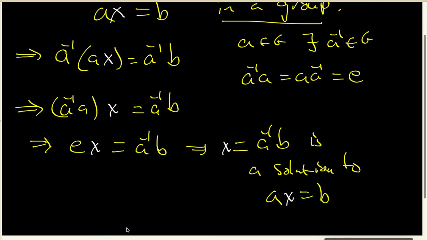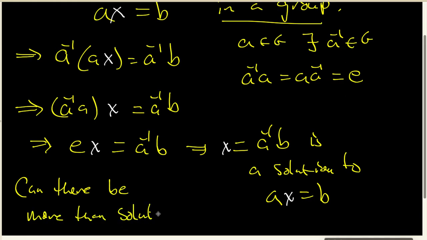Now, once we have one particular solution, there is an obvious question to ask. Can there be more than one solution? To investigate that, we're going to do a standard technique from the way we prove things in mathematics.